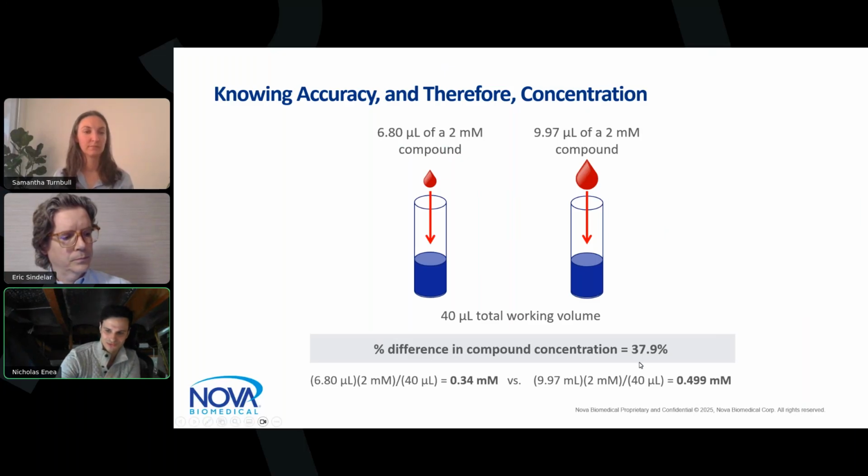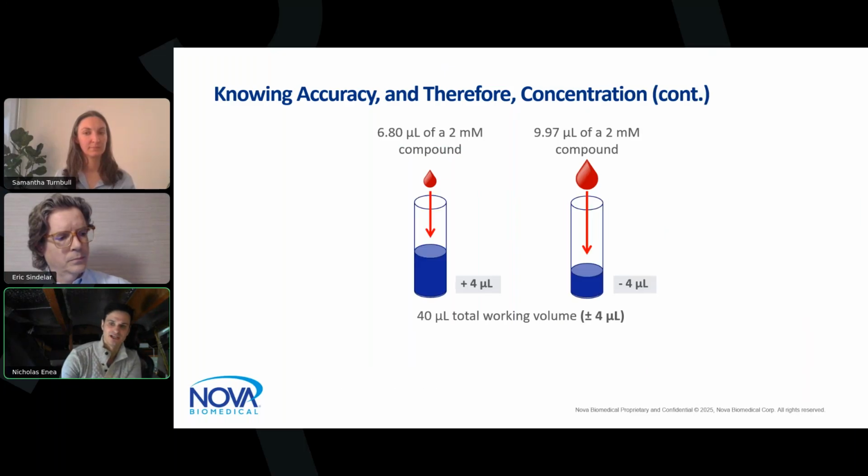That can result in a difference of around, let's just round up to about 40% in compound concentration. That's super big. These compounds, just to do one of these assays, can mean multiple hundreds of thousands of dollars. If you're overly concentrating your compound or diluting your compound out, that's super big when it comes to screening, right? Not to even mention the working volume that you're actually putting your compound in.